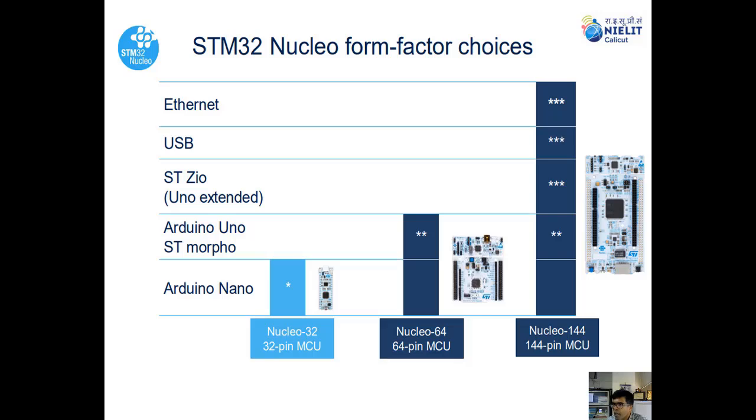And there are a few boards coming as high-end boards with capabilities like Ethernet, USB, etc. We call those Nucleo 144. Nucleo 144 is something like a 144-pin MCU, and more peripherals will be enabled. Apart from that, you will have USB connectors, and similarly Ethernet connectors will be on the board.